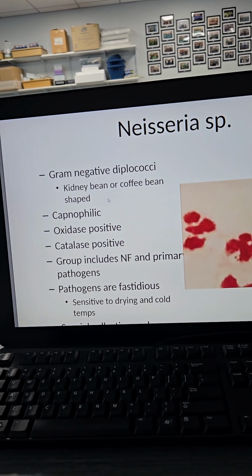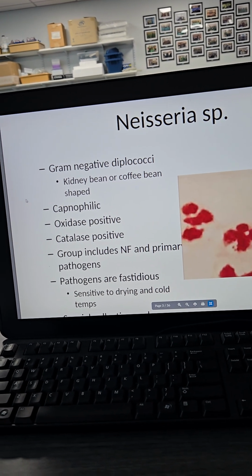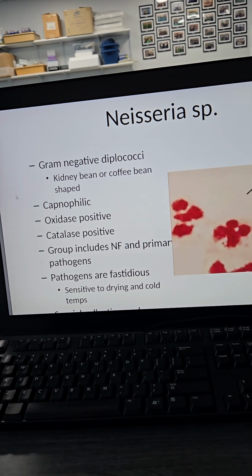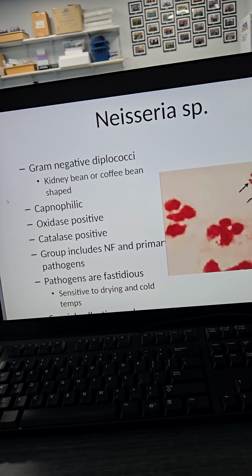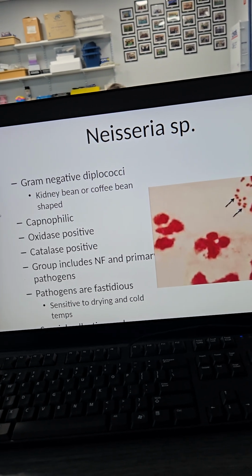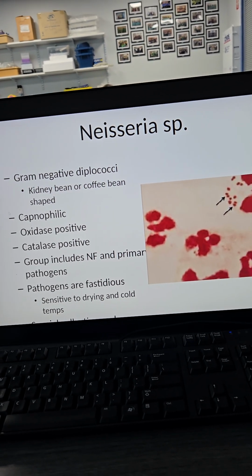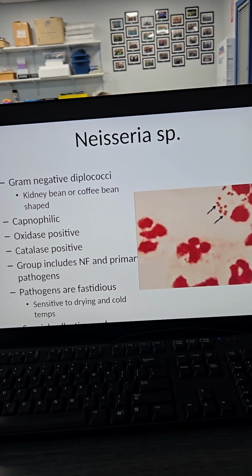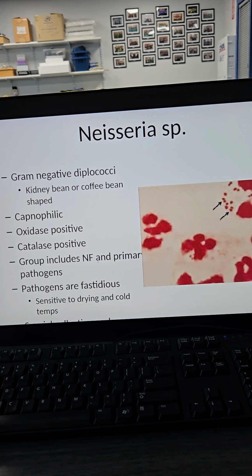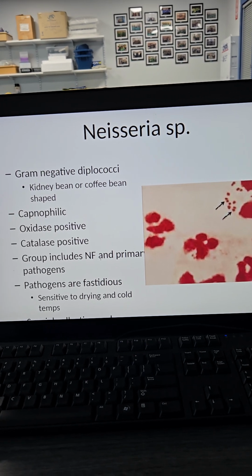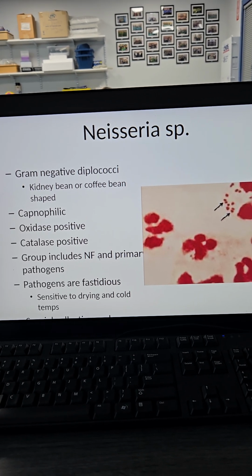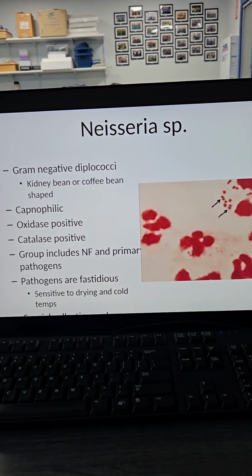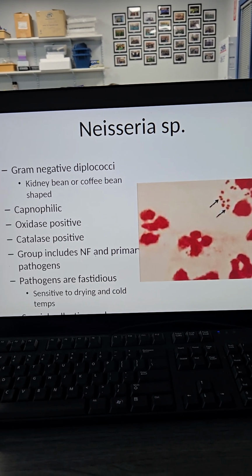So anytime that you see intracellular gram-negative diplococci, think Neisseria. We do have a bunch of them that are normal flora, but the true primary pathogen is Neisseria gonorrhoeae, of course.